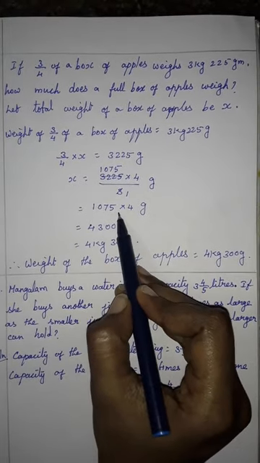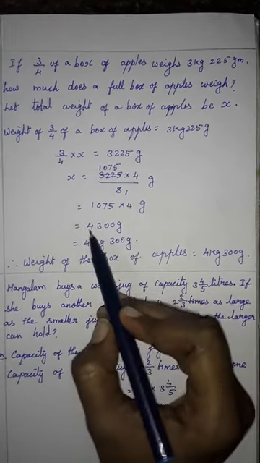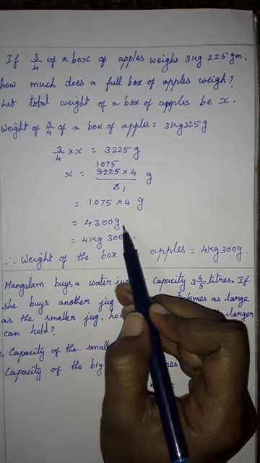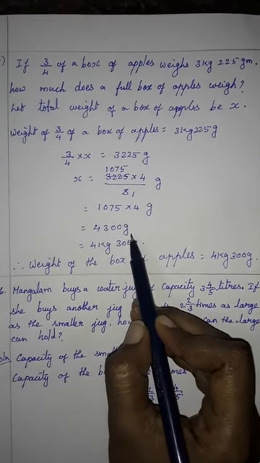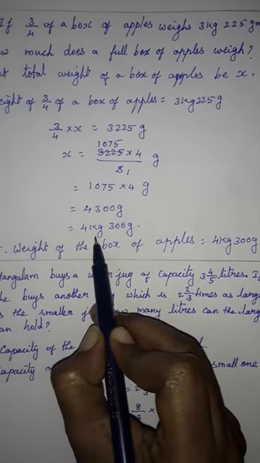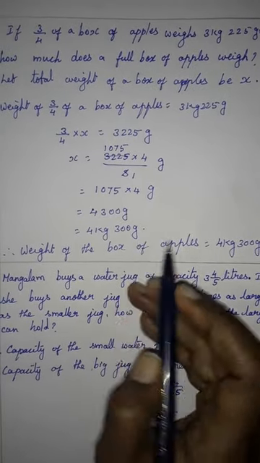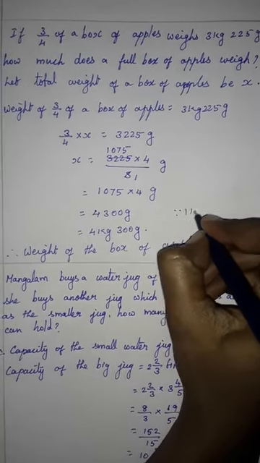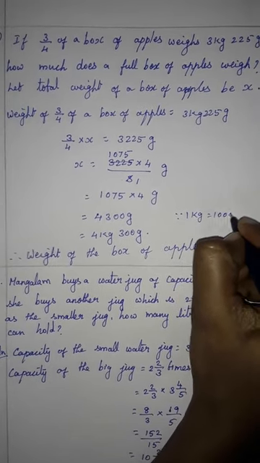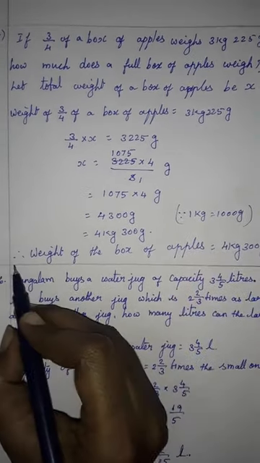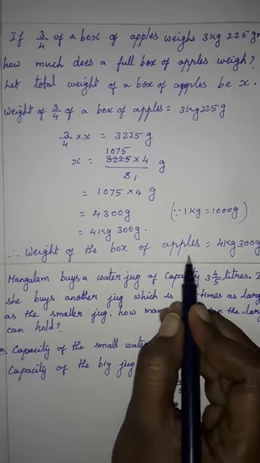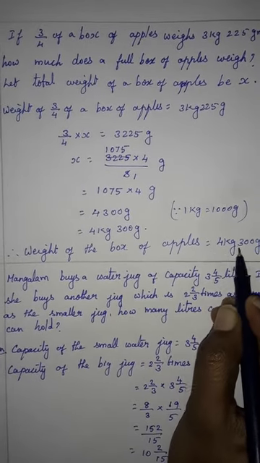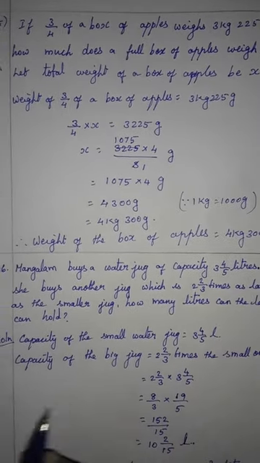That is 1075 into 4 gram. We get the answer as 4300 gram. This 4300 gram can be written as 4 kilogram 300 gram, since 1 kg equal to 1000 gram. Therefore, weight of the box of apples equal to 4 kg 300 gram.